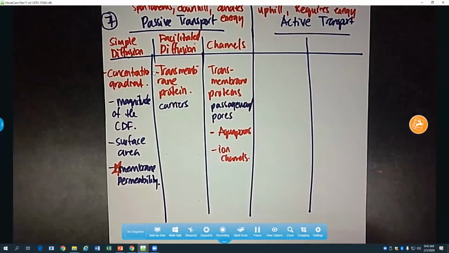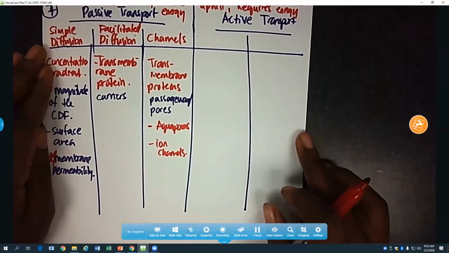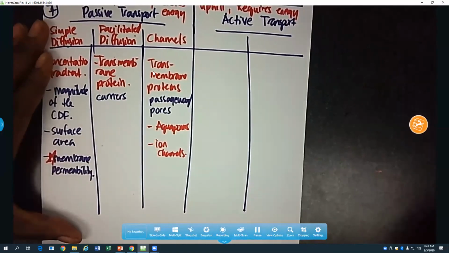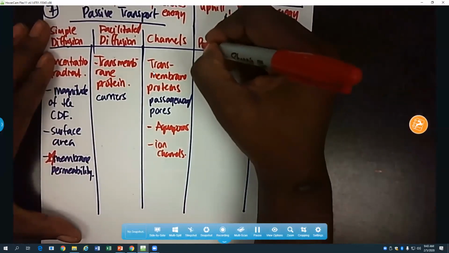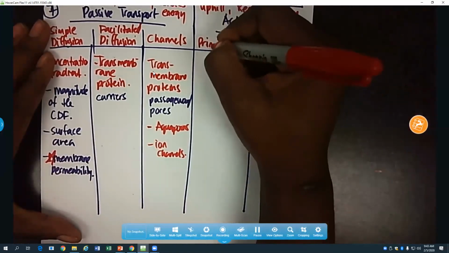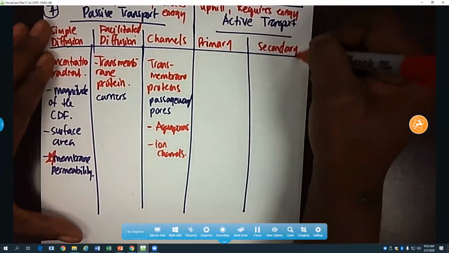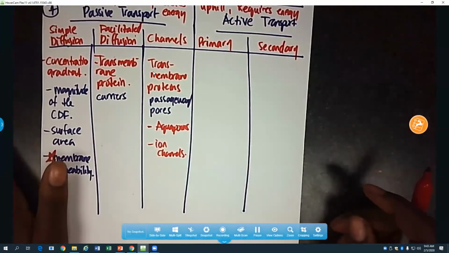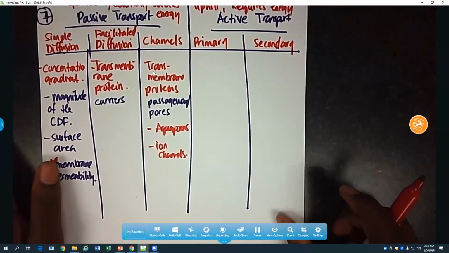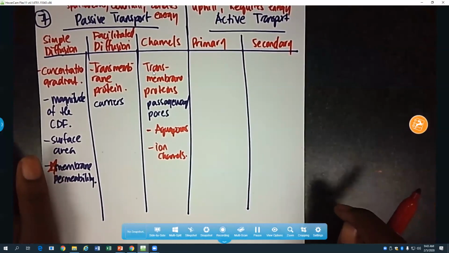Active transport, which required energy, there were two main types here: primary and secondary. And you'll remember the main difference between these two. They both required energy. What was the main difference here?